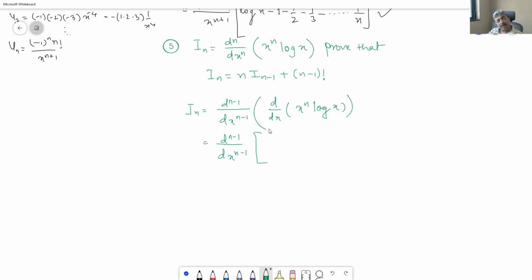What is the derivative of this? It is x raised to n upon x plus n x raised to n minus 1 log x.